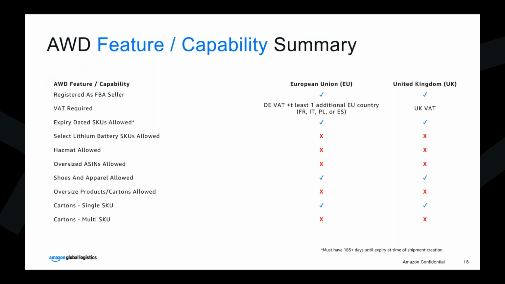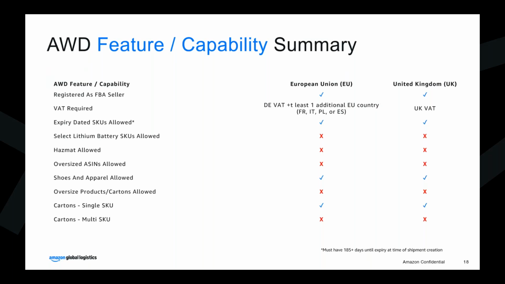We allow expiry dated SKUs in both marketplaces. We don't allow select lithium batteries. We don't allow hazmat, we don't allow oversize, but we do allow shoes and apparel. We don't allow oversized products or cartons at the moment.